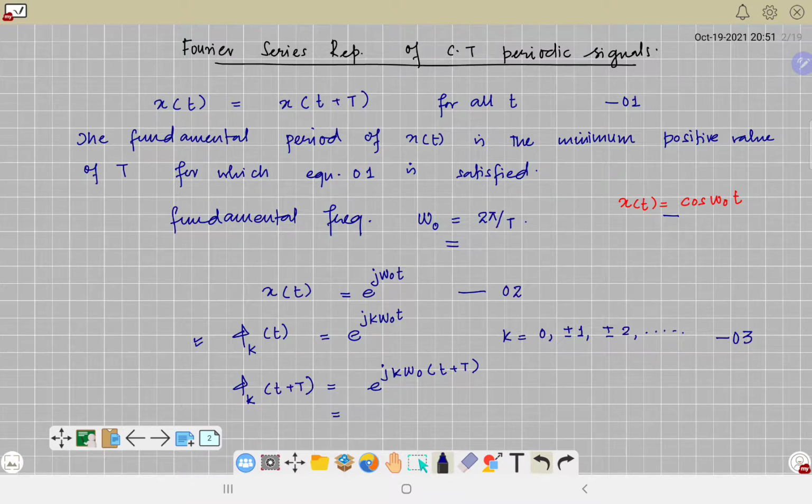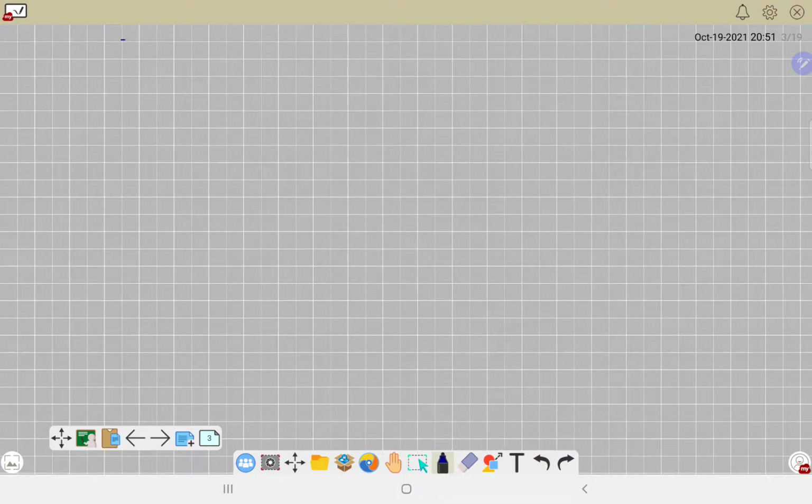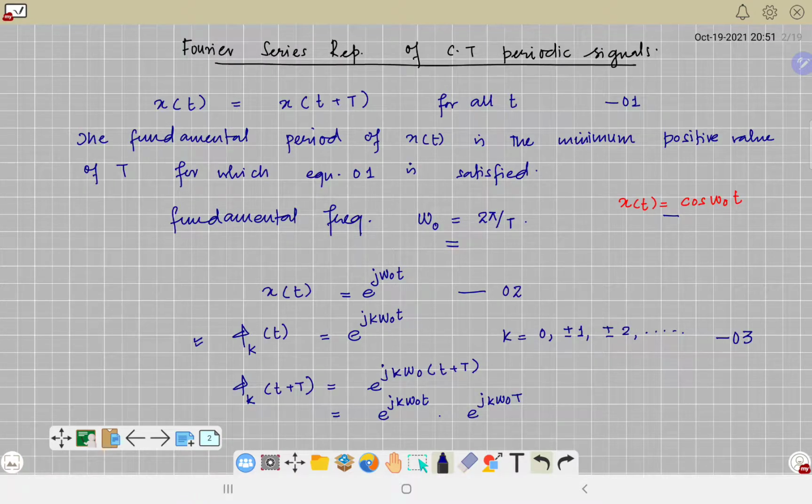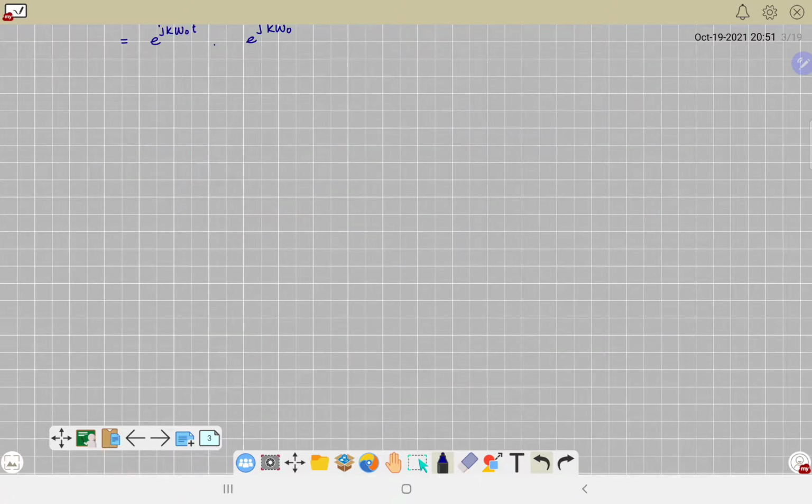Then I will do a bit of rearranging of terms: e raised to the power j k omega naught t into e raised to the power j k omega naught T. Now in place of this T, I can use 2 pi by omega naught, because T is the fundamental period. So this and this will cancel. I will have e raised to the power j k omega naught t into e raised to the power j k 2 pi.